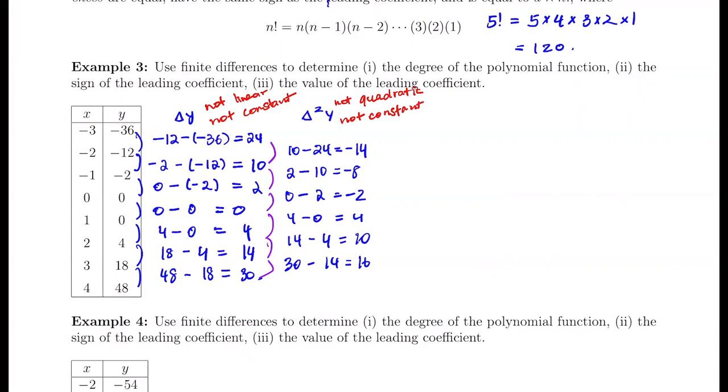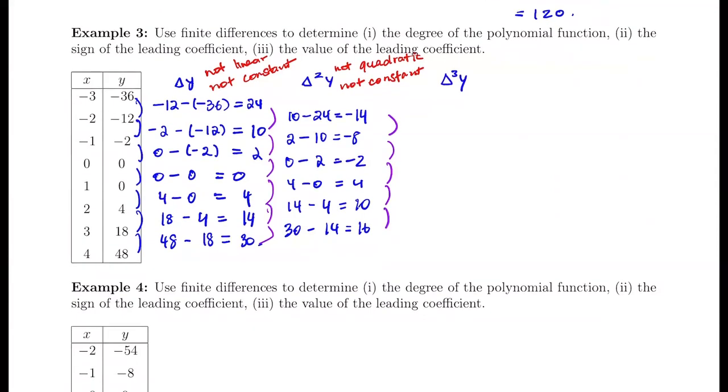So we have to keep on going. That means next we have to check the third differences, between these two, these two, these two, these two, and these two. So let's check the third differences now, which is given by delta cubed y. From this one, we have negative 8 minus negative 14, which is 6. Negative 2 subtract negative 8, which is 6 as well. And then 4 minus negative 2, which is 6.